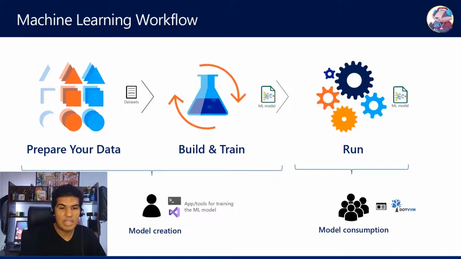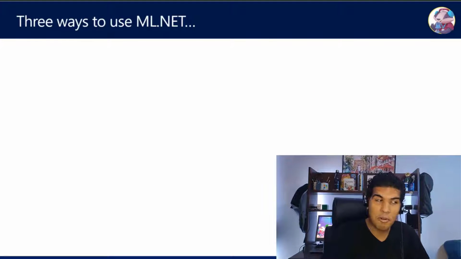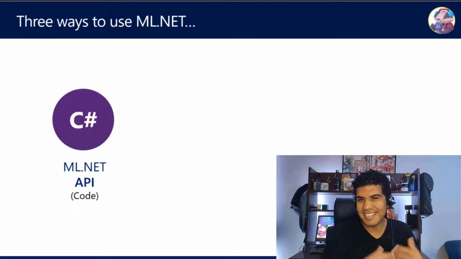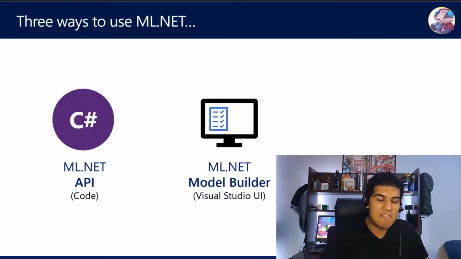In ML.NET, we can find three ways to use it. For example, in the first point, we can use the ML.NET API to generate a service and consume our model. In a second way, we can find the ML.NET Model Builder, which is the easiest way because here we have a Model Builder in Visual Studio with a user interface to create our model.